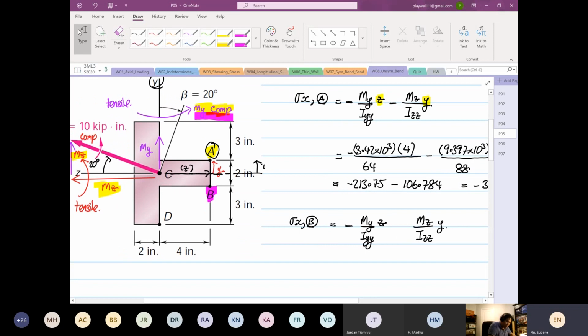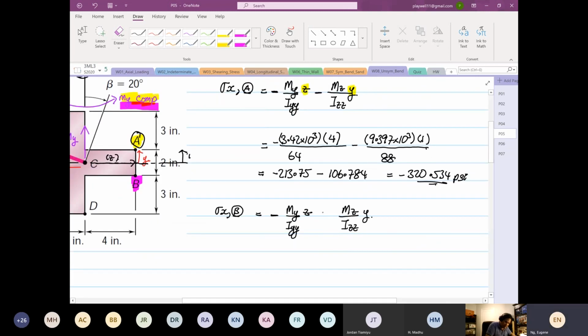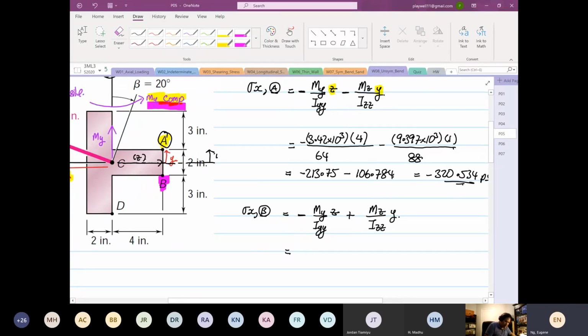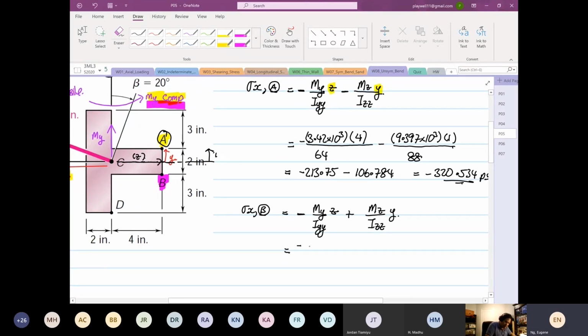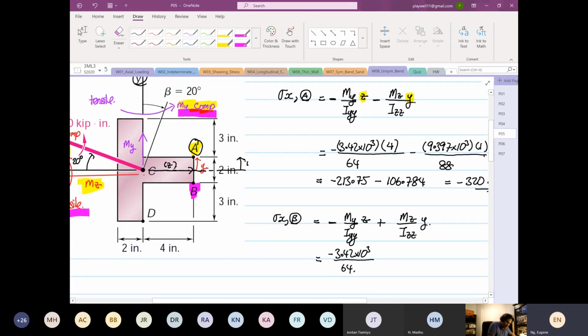Mz now is going to be tension, so this is plus. Geometry wise, this is also equal to minus 3.42 times 10 to the power 3 divided by 64. The z direction from the centroid over here is still equal to 4.